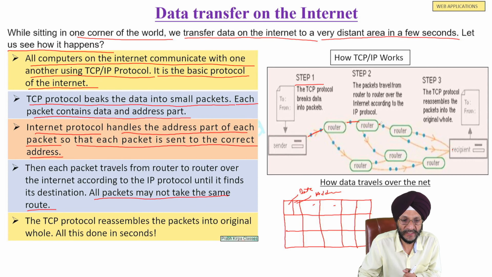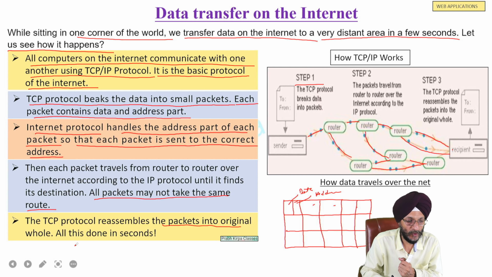Some of the packets follow this route. There are some others who follow this route. There are some other small packets of data who follow this route. But at the final destination, TCP protocol reassembles the packets into the original whole.